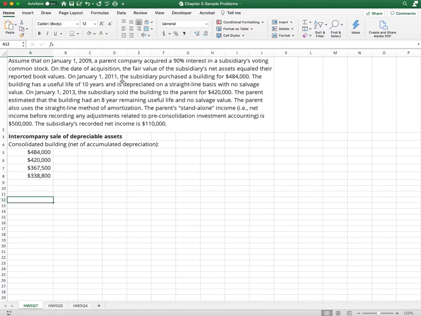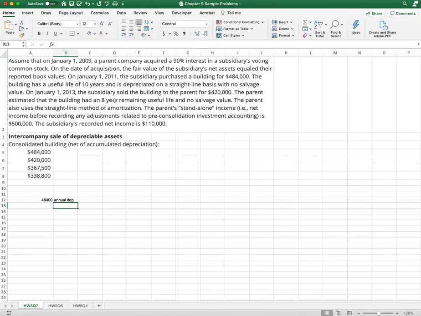So it was originally purchased for $484,000 and over a life of 10 years. So we have annual depreciation of $48,400. And then on January 1st, it was sold to the parent, so it looks like 2 years have passed.